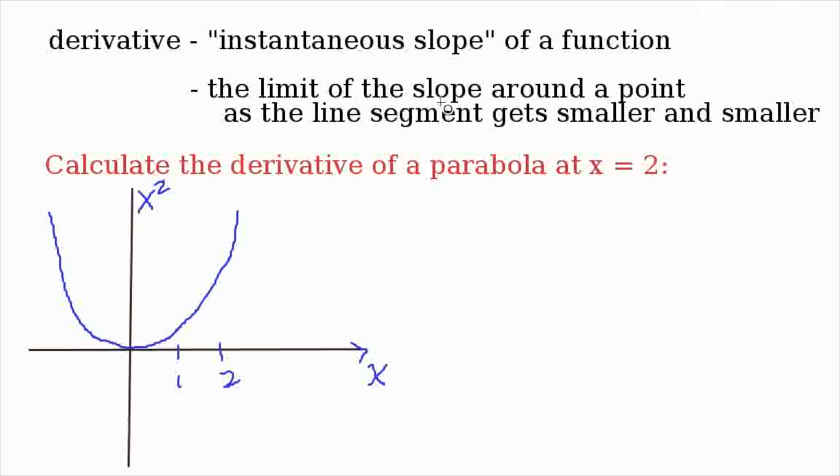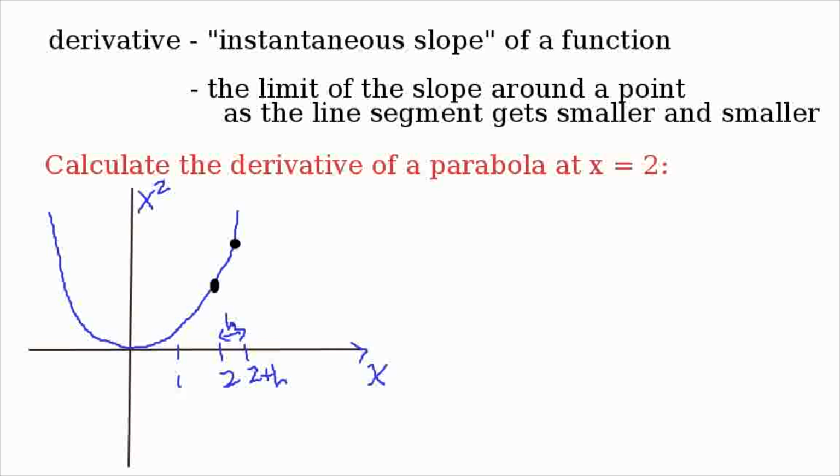and so we want the slope of a line segment around x equal to 2. So let me put a dot here, and let me put another dot a little bit away from that, and let's say that that dot is at 2 plus h. Okay, so h is the x difference between those two dots. Okay, what is the difference in the y values?